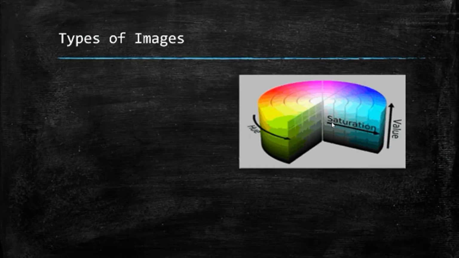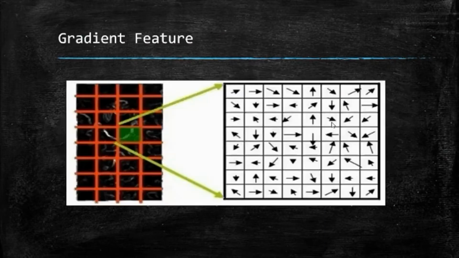Gradient feature. Okay, here is the gradient feature. Image gradient is a directional change in the intensity or color in an image. The gradient of the image is one of the fundamental building blocks in image processing. So here we have an image, we divide it into different grid cells. Each grid cell will have a symbol.